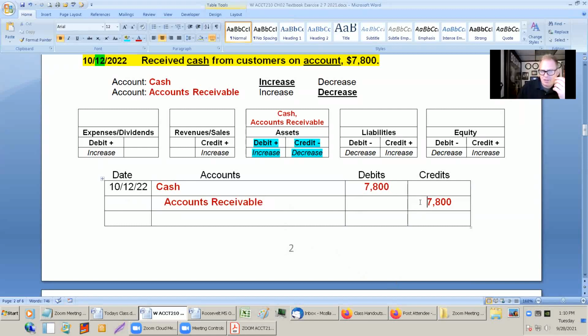The accounts receivable being on the credit side, that's the minus. You don't need to put a minus or a plus in. Leave it just like that. The debit or the credit will determine whether it's a plus or minus. Quite honestly, if you did put those in on the test, I wouldn't pay any attention to it. But the reality is you don't need it.